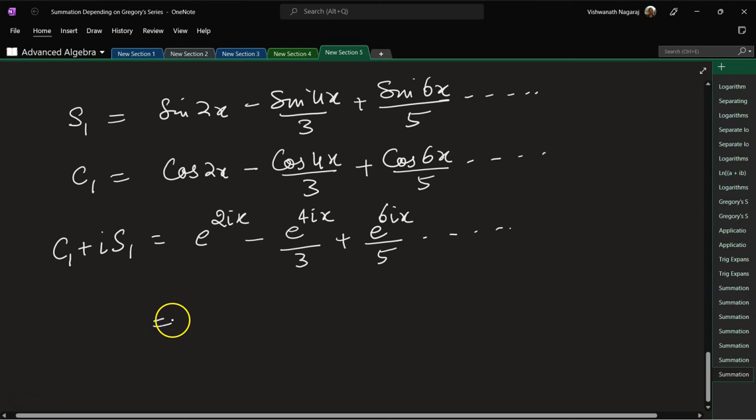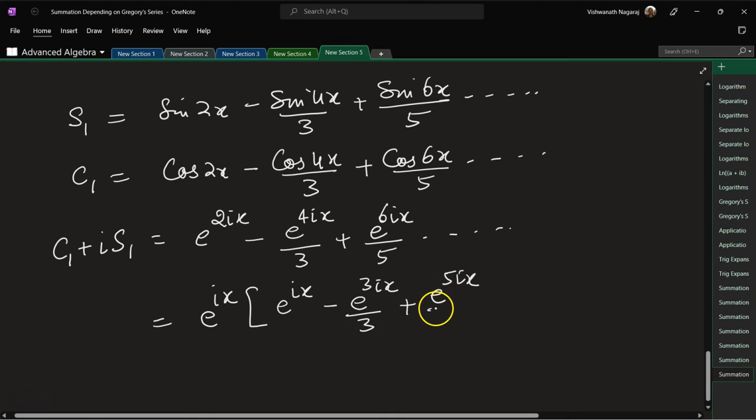Now here we want the series to start from e to the power of ix, not 2ix. So let's take one e to the power of ix out. So this will be e to the power of ix times, in brackets, 1 minus e to the power of 2ix by 3 plus e to the power of 4ix by 5 and on and on.